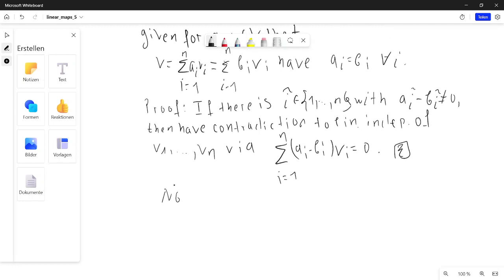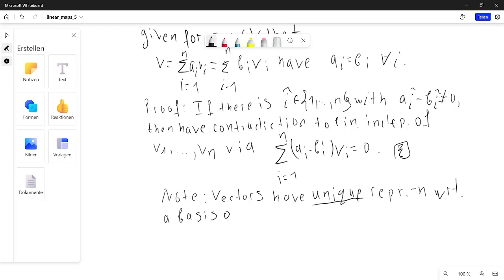Note that vectors have a unique representation with respect to a basis of a finite dimensional vector space.